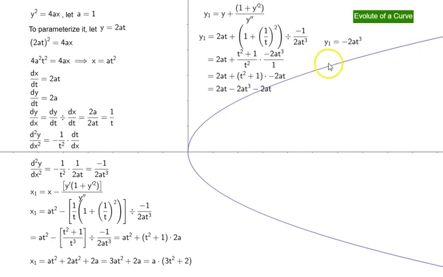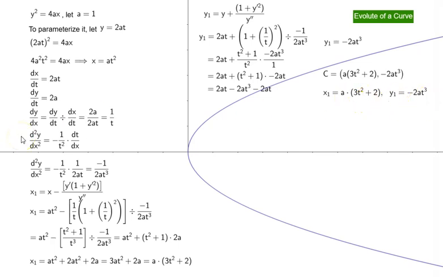Finally we get y1 is equal to minus 2at cube. So we have got x1, we have y1. That means we have the coordinates of the center of the circle of curvature: a times (3t square plus 2), comma, minus 2at cube. So x1 is this, y1 is this.